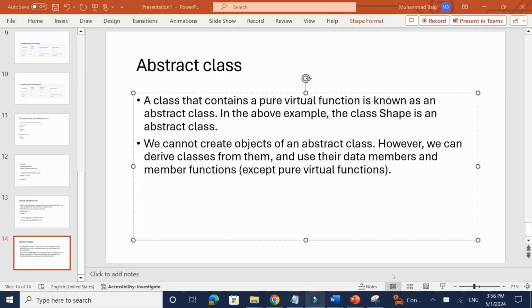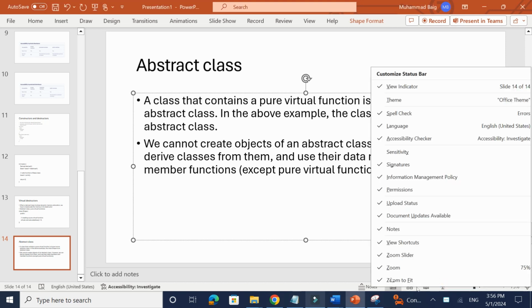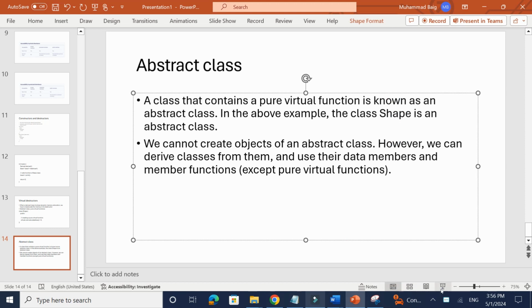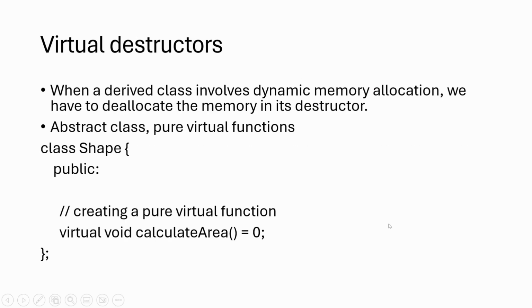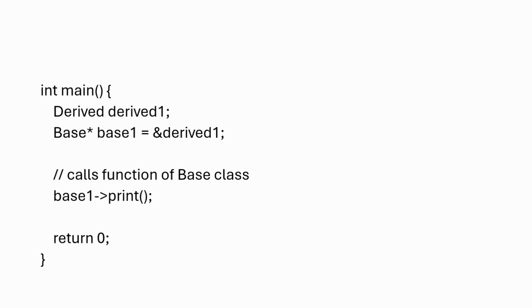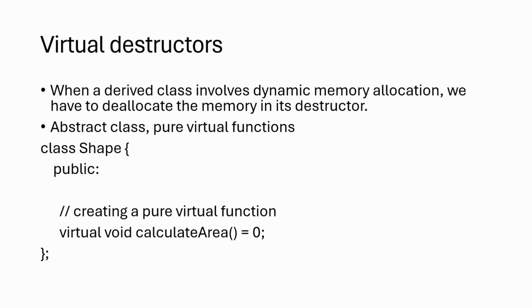Okay, so now let's talk about another concept. One thing I didn't mention, let me go back here for a second. Besides virtual destructors, I mentioned an abstract class and a pure virtual function. So look at this example right here. I've got a class shape.